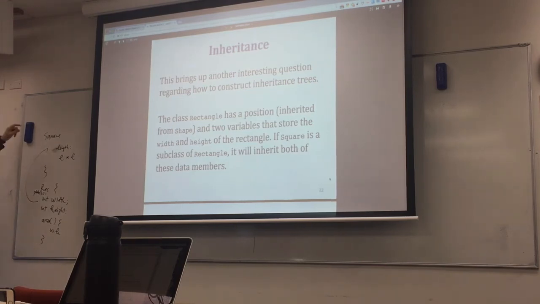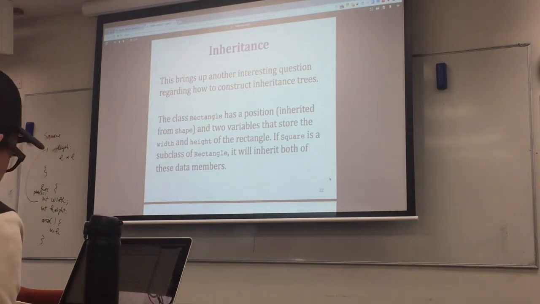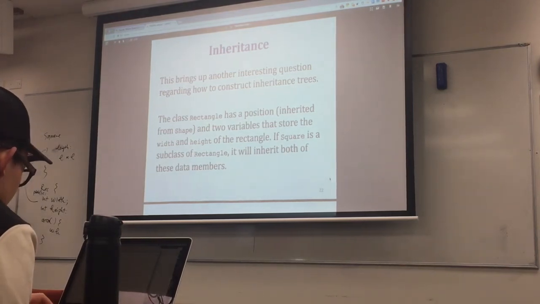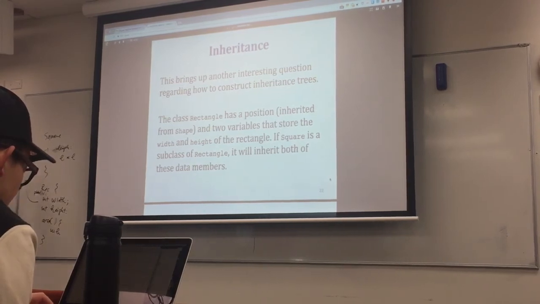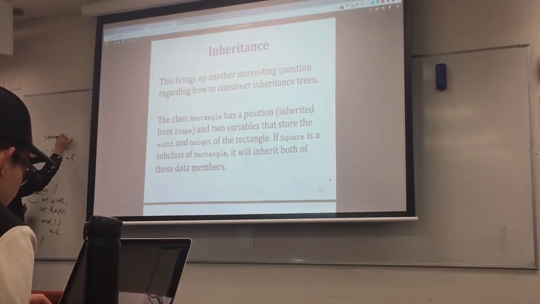So you need to make a decision whether you want to make square a derived class of rectangle and waste a little bit of memory, or make two separate classes and waste a little bit of time writing code. In this simple case, I would say just keep square the derived class of rectangle, because the cost is very small.